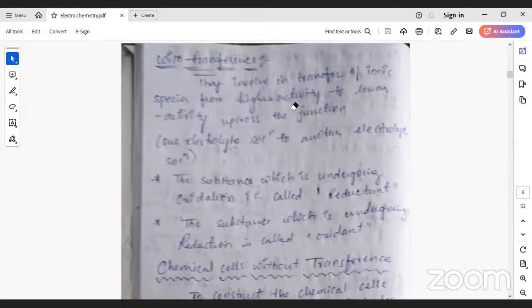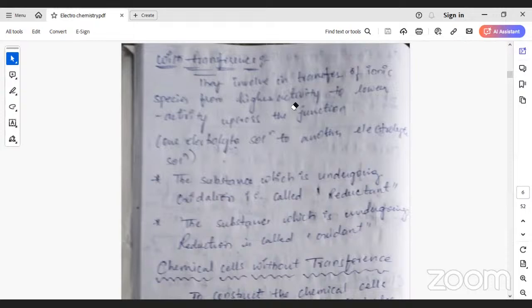Once again, I am reminding you: chemical cells and concentration cells. Chemical cells means the potential is developed due to chemical reactions. Concentration cells means the potential is developed due to the transfer of a substance or ionic species from high concentrated solution to low concentrated solution. Without transference means there is no direct transfer of ionic species from one electrolyte solution to another.